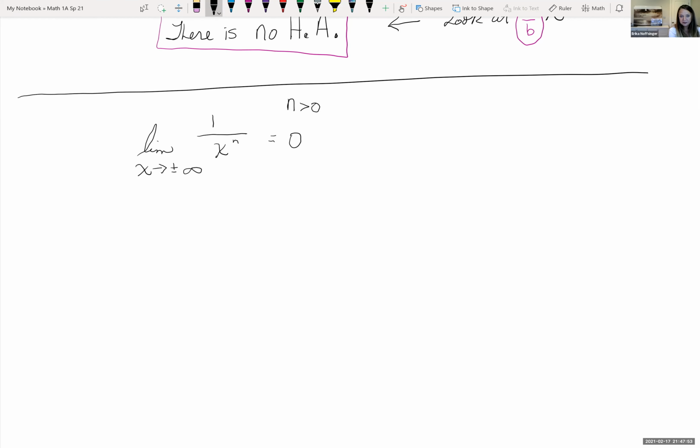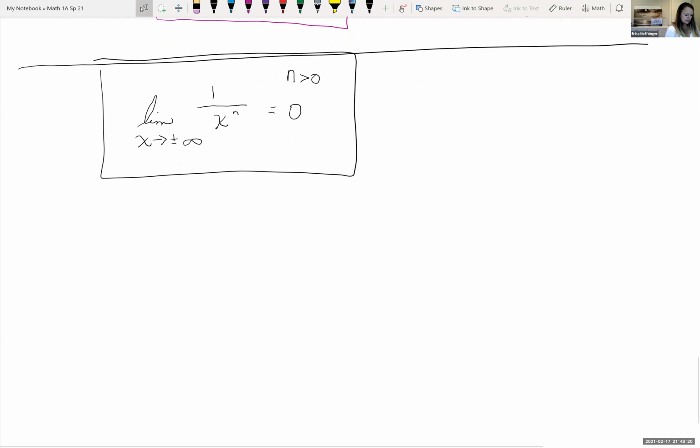Same thing with negative infinity. It might be a negative y value that's getting closer and closer to 0, or a positive y value getting closer and closer to 0. But we can use that fact to help us find those horizontal asymptotes. So let's look at an example now.